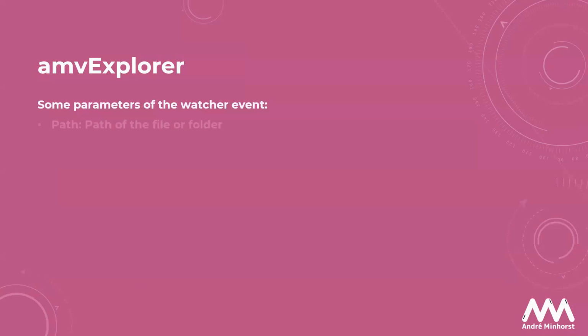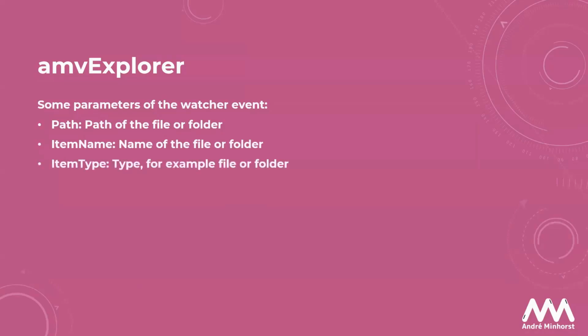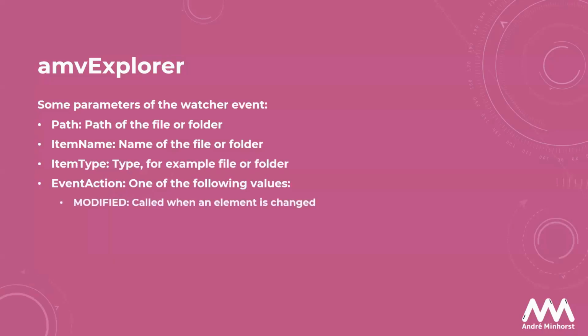Some parameters of the watcher event are the path. This is the path of the file or folder. The item name is the name of the file or folder. The item type gives us the type, if it is a file or a folder that we have moved or what we have done some operation on. And we have the parameter EventAction. And EventAction contains one of the following values. Modified is called when an element is changed.